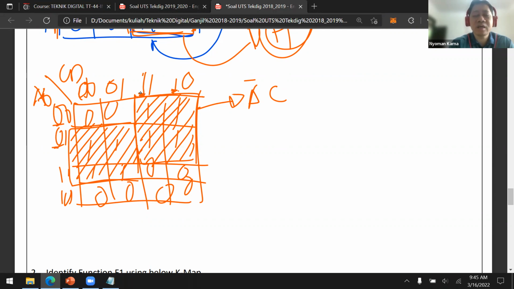So A 0, C 1. By using SOP, this means A is not active, C is active. So it becomes A not C.